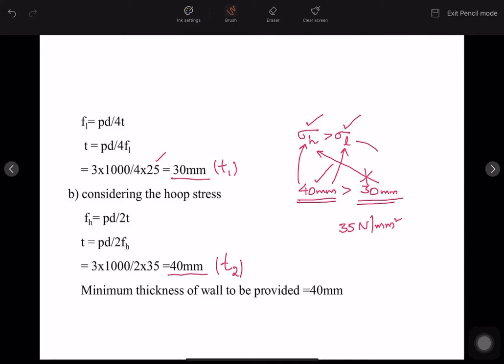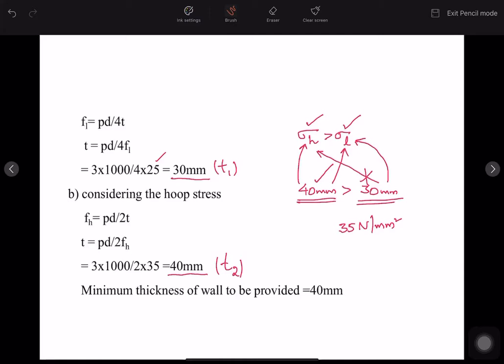It may be safe in longitudinal stress, but it will fail in hoop stress. That is a disastrous thing. So even though hoop stress gives the maximum thickness between the two conditions, we need to place that thickness as our minimum thickness to be on the safer side.